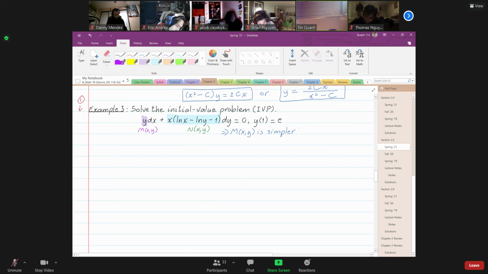Okay, so if m is simpler, then what kind of substitution would you use? x is vy. Then you let x be, you can use vy or uy, it doesn't matter, okay? So x be, if you use v, then so what is the objective here from here on?